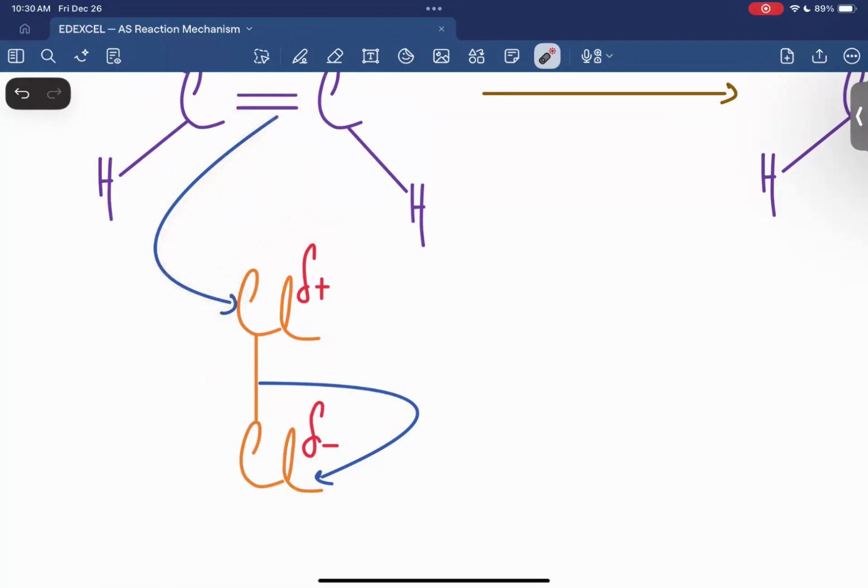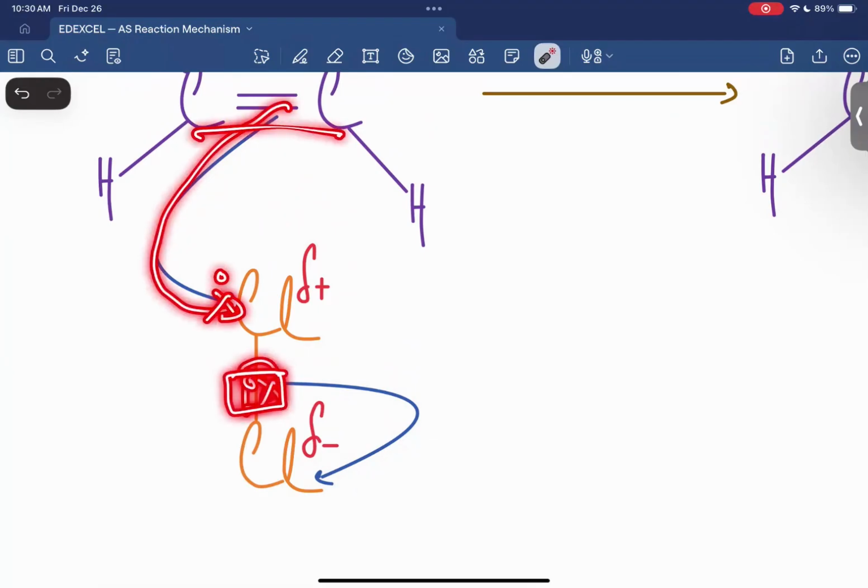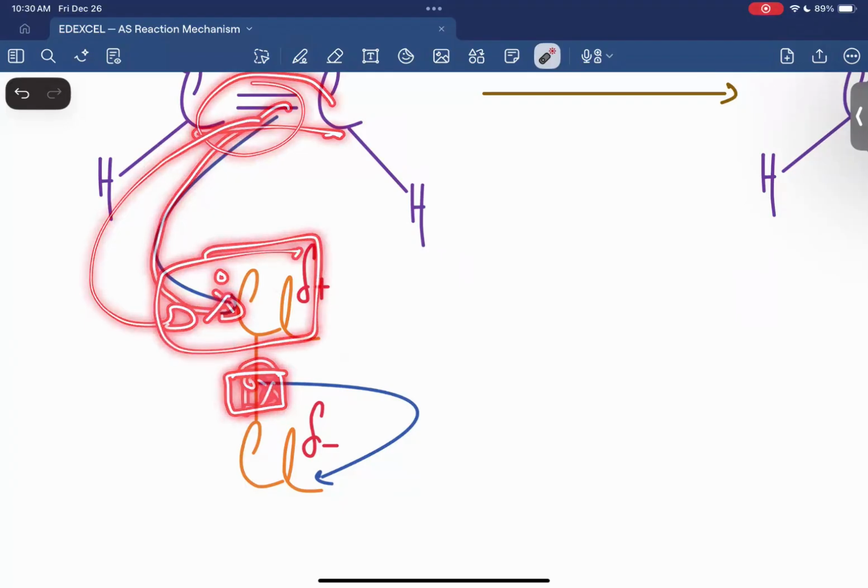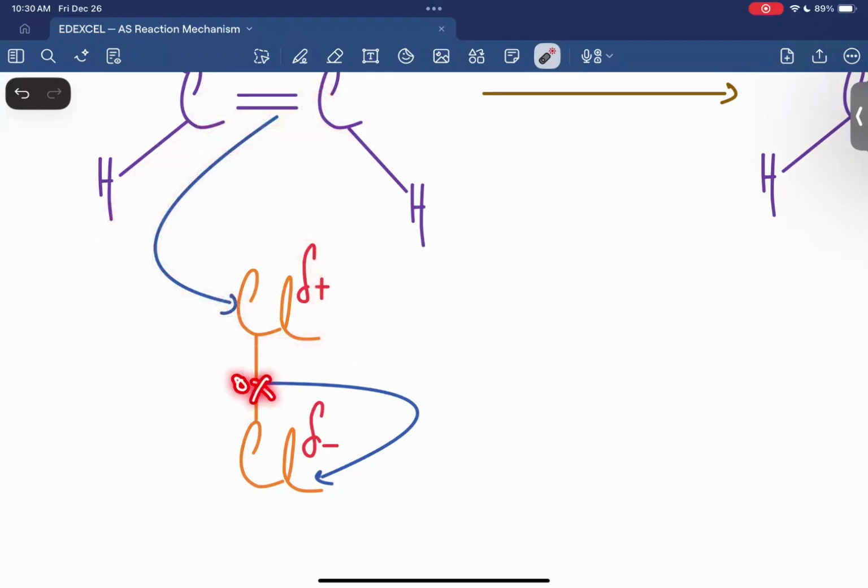So it does not need to keep these two electrons, because it already obtained two electrons from this pi bond. So it is no longer in need of these electrons, and the electrons then move on to this chlorine. Clear? Okay.